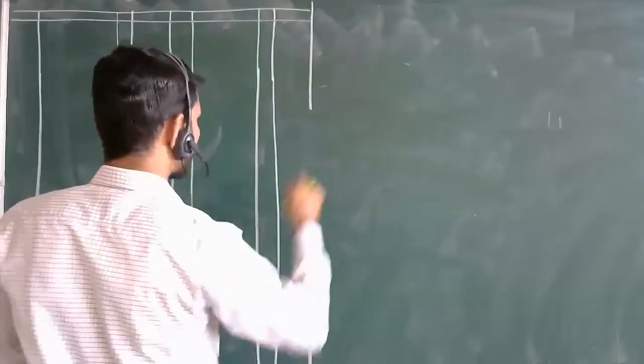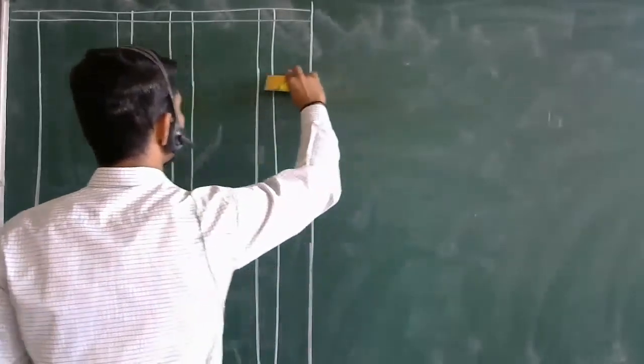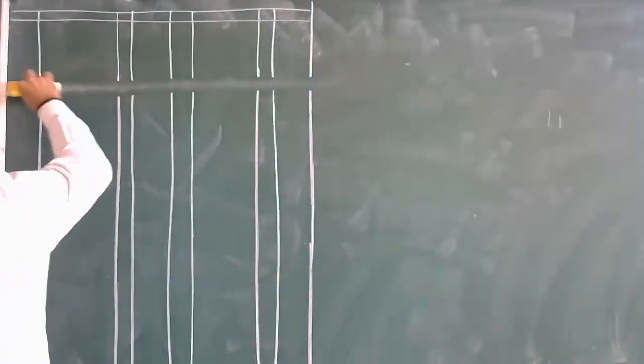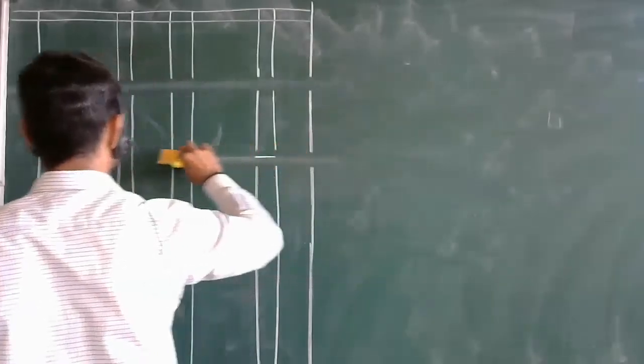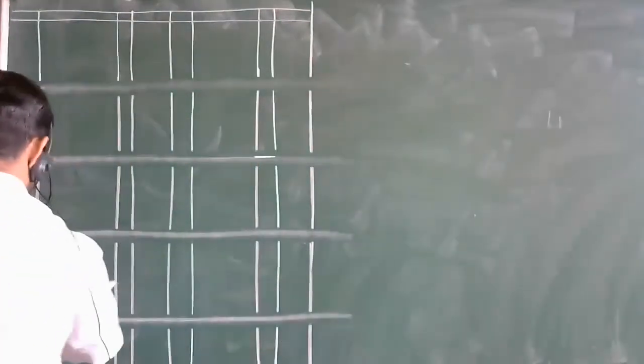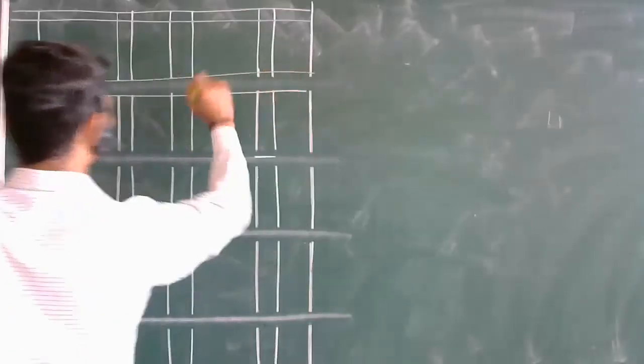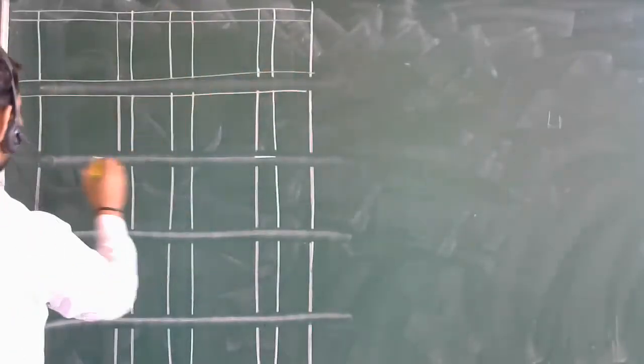I will make a few of the things short here. This much is enough. Then this much. See, in short, I am doing these things. Means this one account, this another account.